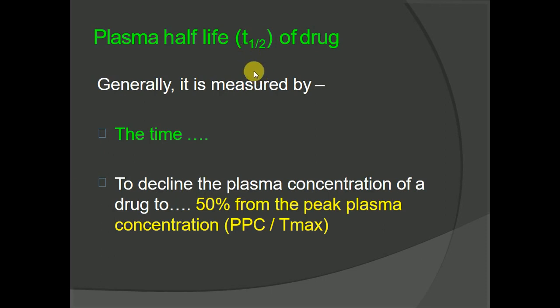Mathematically, it can be written as T1/2 of the drug. Generally it is measured as the time to decline the plasma concentration of a drug by 50% from the peak plasma concentration, or Cmax. I will discuss the peak plasma concentration in detail.